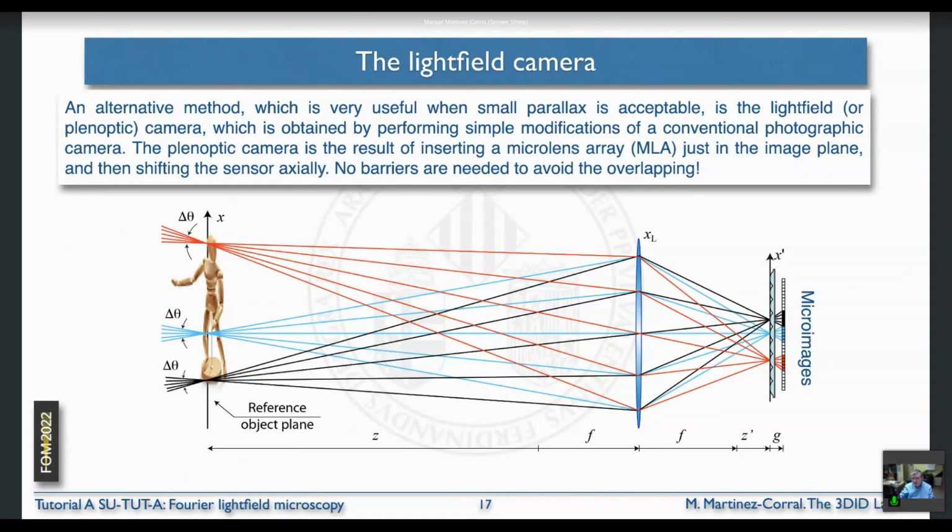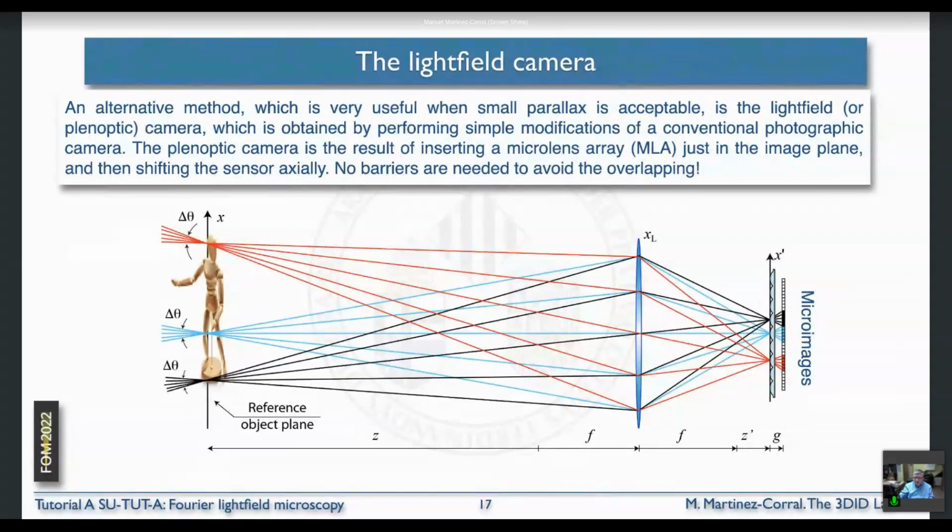You move the sensor a little bit so that now the sensor is conjugated with the camera lens. And therefore, this is another way of collecting spatial and angular information, because you can see that here we have, for example, these blue rays. All of them have the same spatial information, but different angular information.